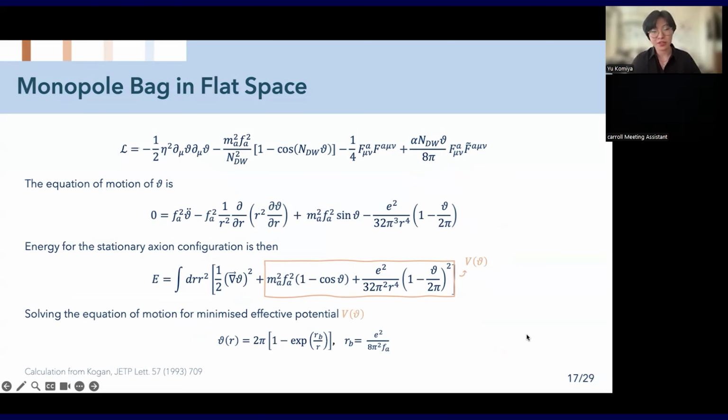By defining some sort of effective potential and minimizing it, we determine the radius at which everything becomes balanced, which is to say the balance of the domain wall's contraction by its own tension and the electromagnetic terms, which are forcing theta to stay at 2 pi for a certain distance before everything blows up. This is R_B, which is a bag radius, and it goes as something like 1 over F_a, which is the axion decay constant from before.